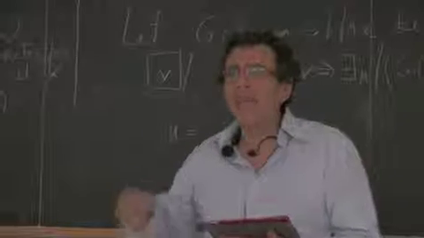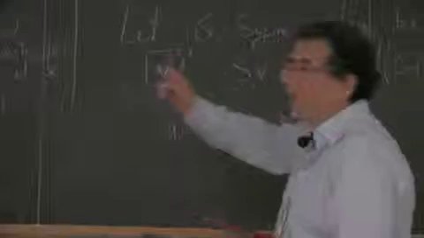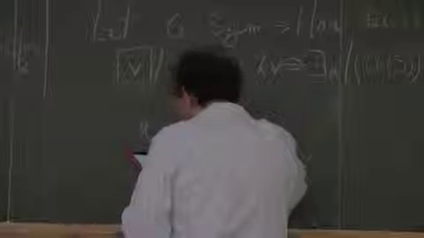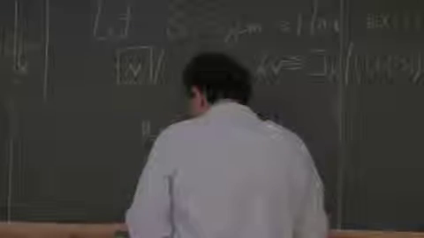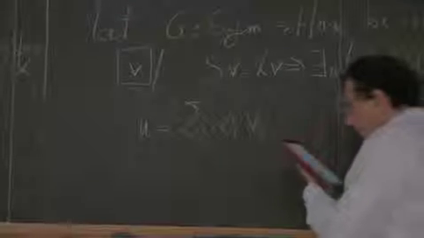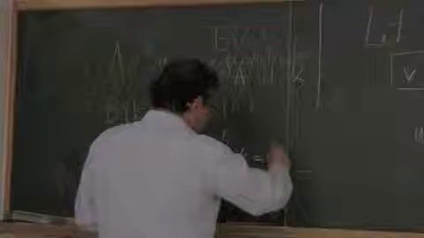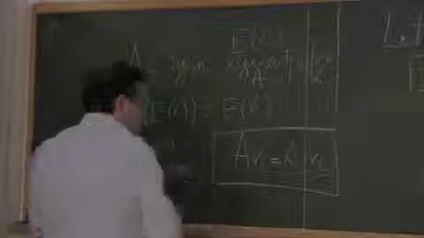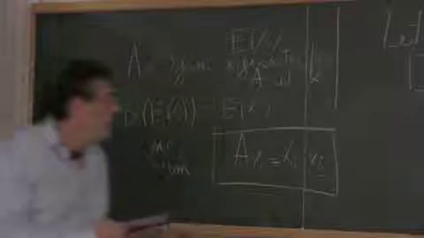Exactly in the eigenbasis of A. So you decompose it as a sum over i of alpha_i V_i, where V_i... no sum. Okay?